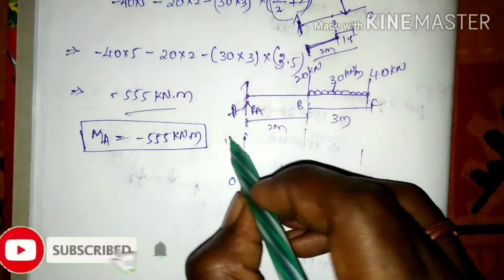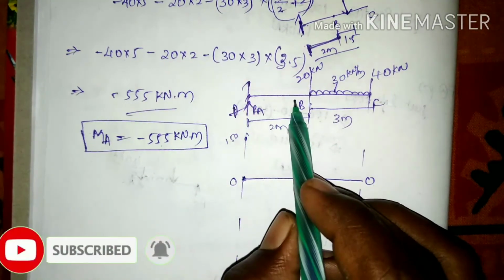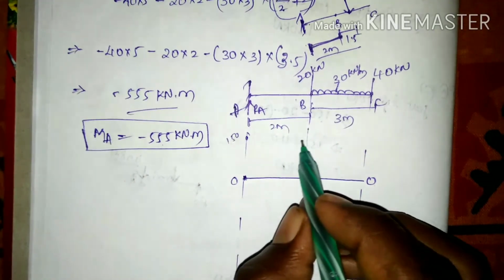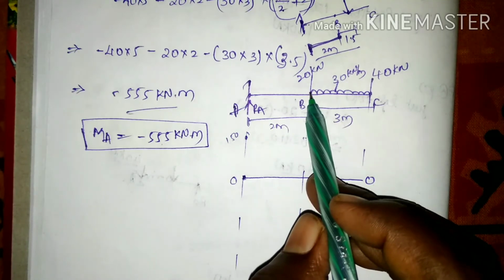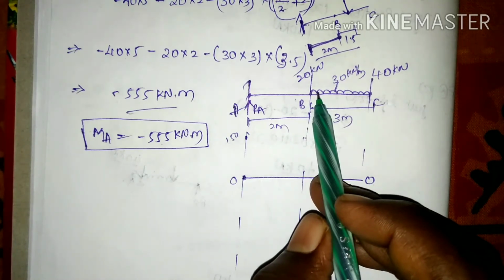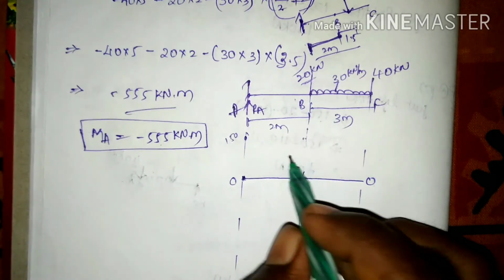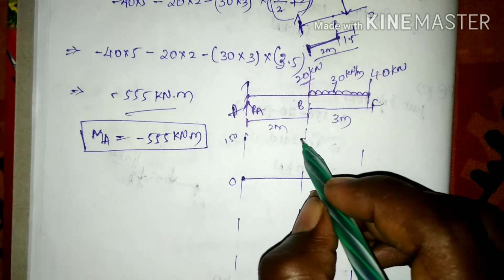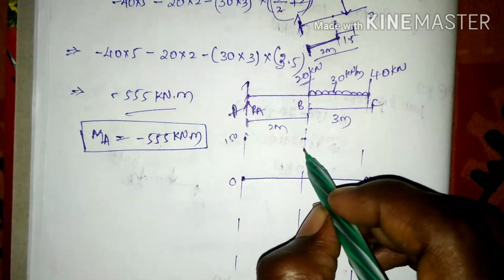This is my 150 point, and while moving from A to B, I don't find any type of loads, so it is going to be straight up to here. And when I'm going to the right of the B, I'm going to find a 20 kilonewton load acting on the beam at the B point, so the 150 is going to decrease to the 130 point.